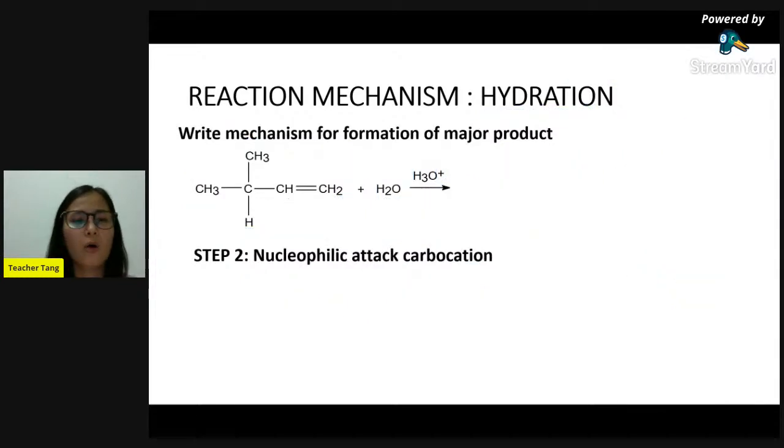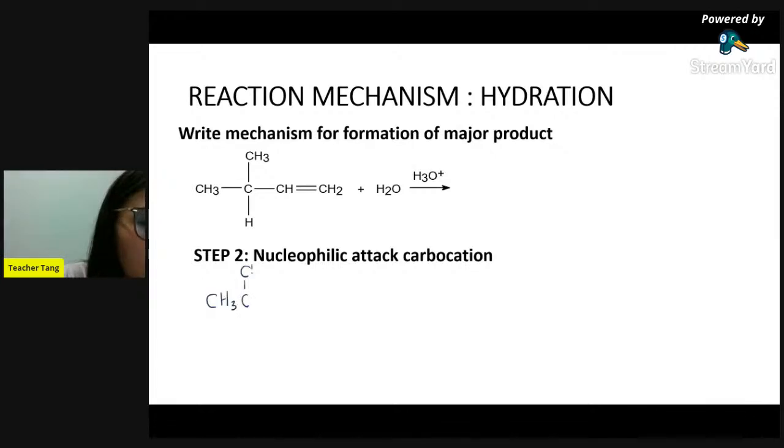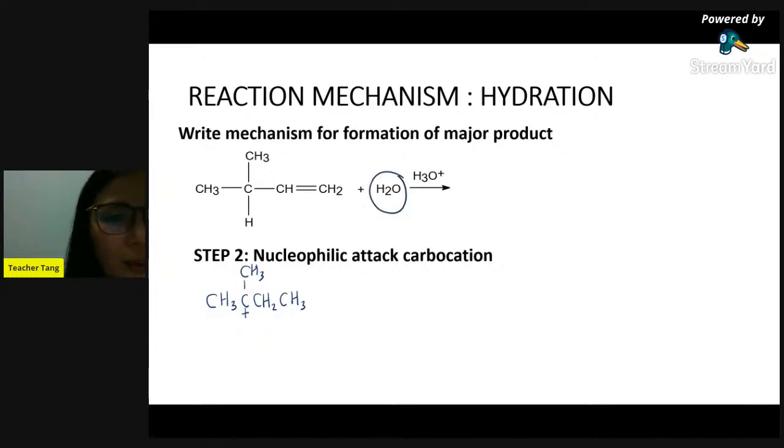So in the next step, you already get your tertiary carbocation. So carbocation positive charge, so miskin. So kalau dia miskin, dia kena react with water. Sebab water kaya. Miskin react dengan kaya elektron.